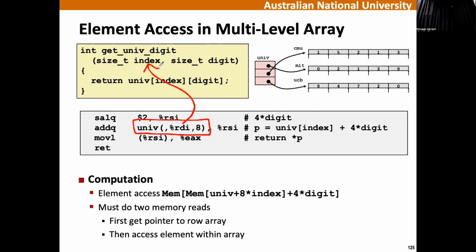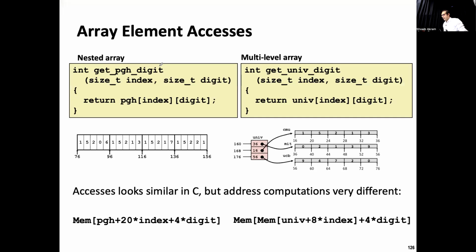Well, I could have done it differently. I could have reordered instructions. All right, so this is the nested array. Anyone online? And this was my address computation.